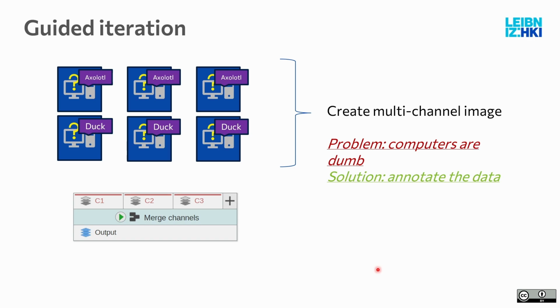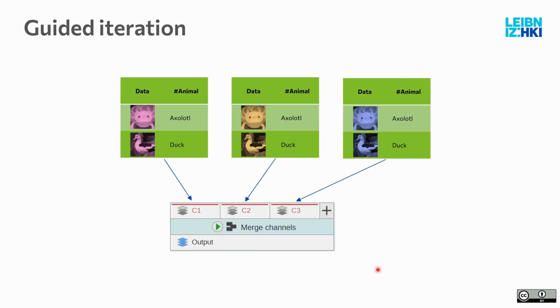And this is the so-called annotation-guided iteration. I've shown you already a way how to do this via annotations. So if we give JIPipe information on what kind of image this is, is this a duck, is this an axolotl, or your metadata from file names or any other thing, then JIPipe can use this information to match up the images correctly, and then it will do what you want.